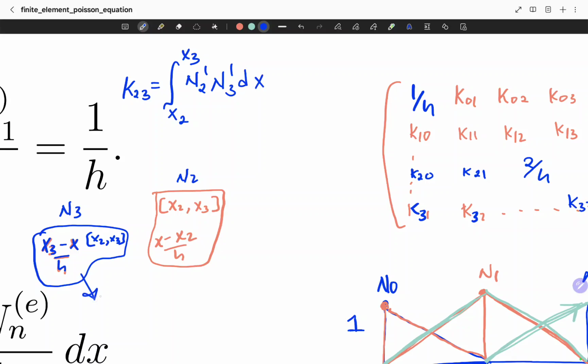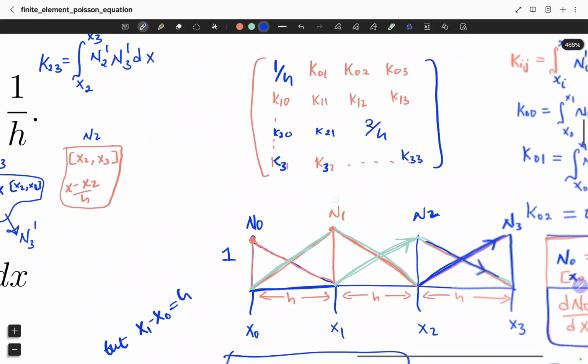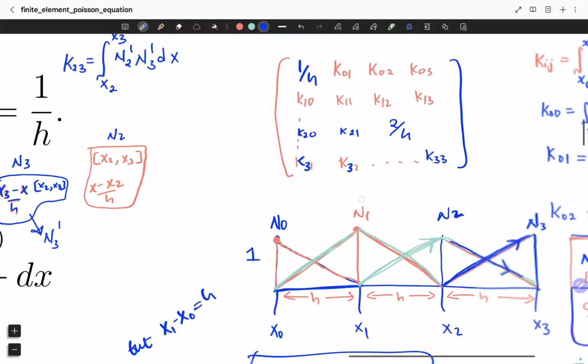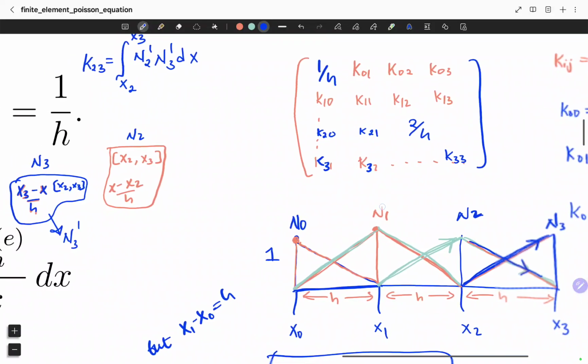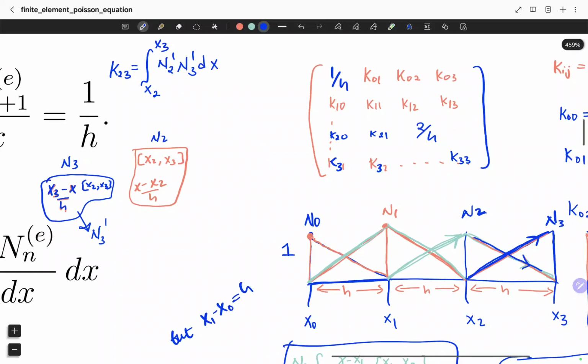Now n3 prime is going to be... Let's make sure. No, this is n2, sorry, because the one going down is for n2, the one going up is for n3. So this is for n3, that's x3. x3 minus x is for n3.